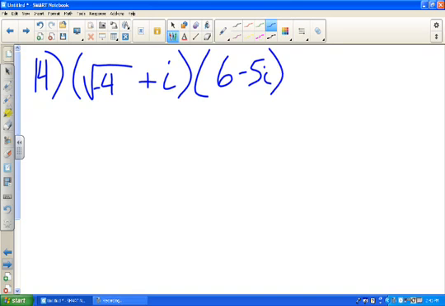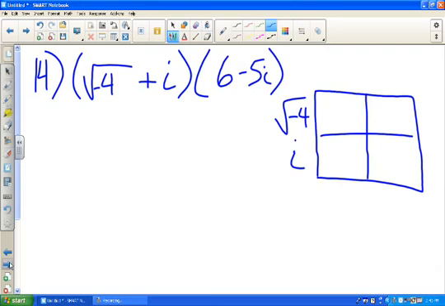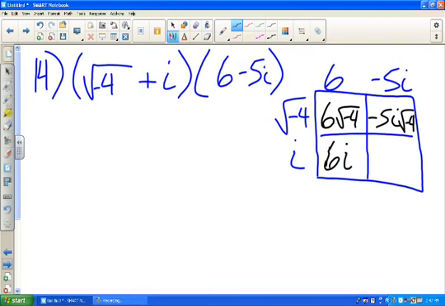For problem number 14, we're going to find the product of two imaginary numbers. And here it's just the FOIL method to distribute all of the numbers through the different parentheses. I'm not going to simplify in the beginning, although you could if you wanted to. But essentially, we're just going to multiply the row by the column and then combine like terms and simplify, and that should give us our answer.